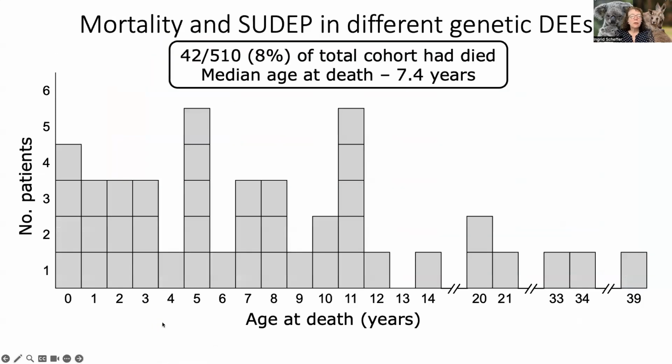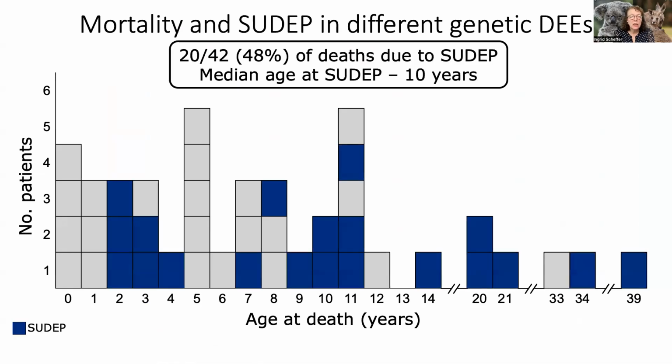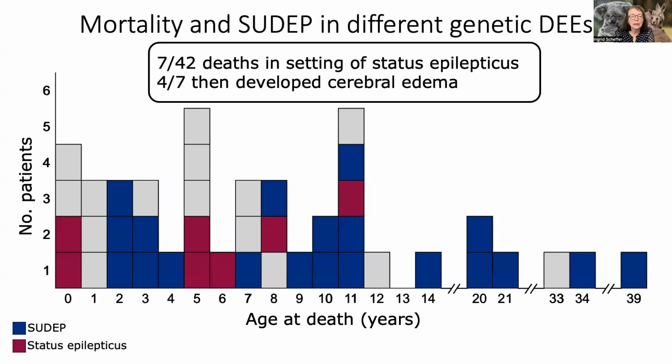Turning now to the deaths, we found that 8% of our cohort had died by the time we performed the study, and the median age of death was 7 years, and you can see here the age at which different individuals died. And in blue here you see those who died due to sudden unexpected death in epilepsy, which accounted for almost half the deaths, and the median age of SUDEP was 10 years.